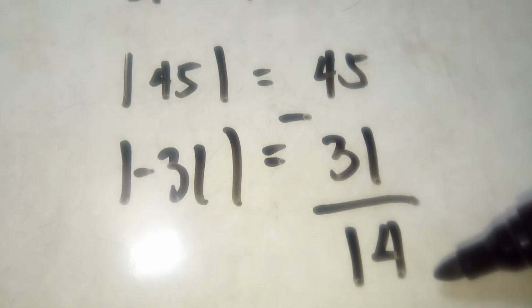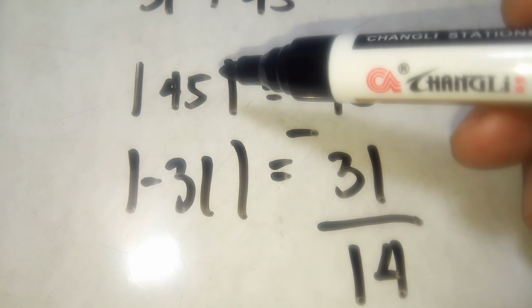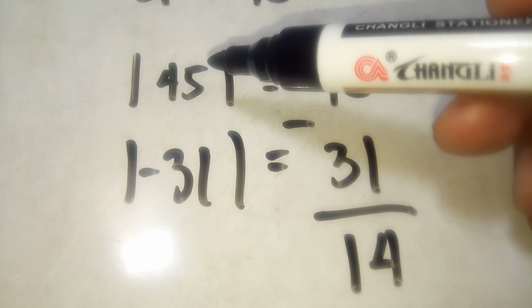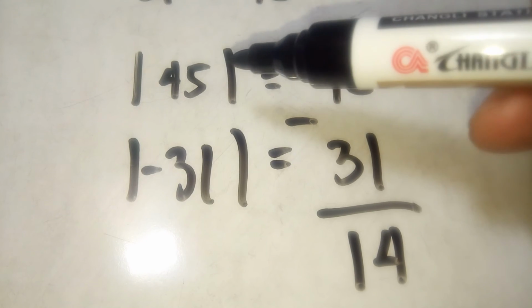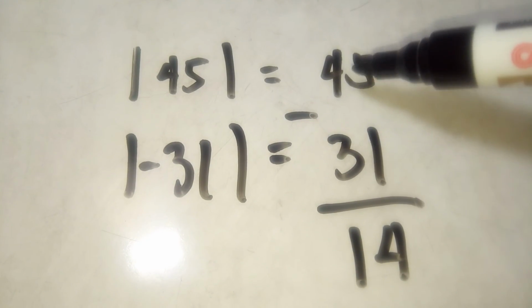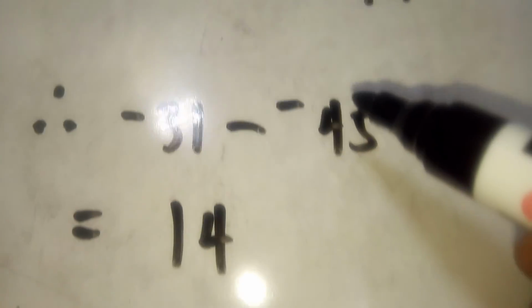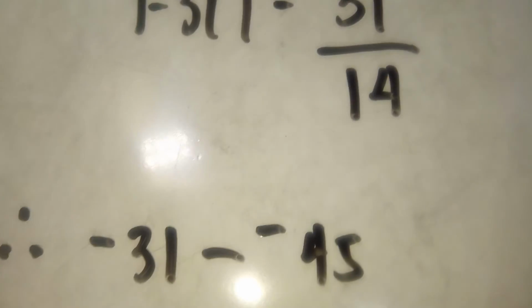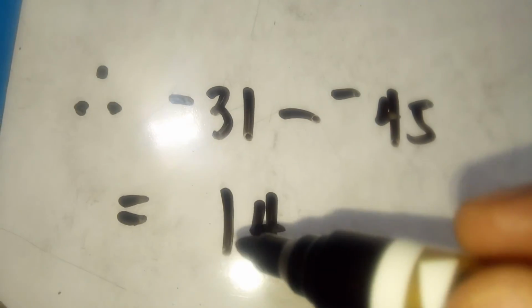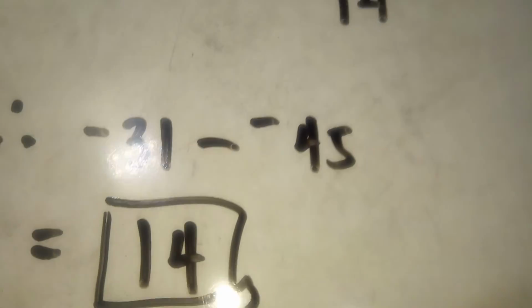The sign will depend on the number with the greater absolute value, and that's positive. Therefore, negative 31 minus negative 45 is equal to positive 14.